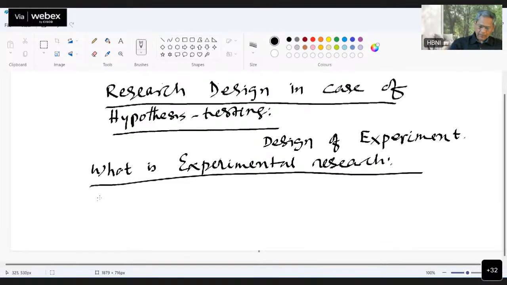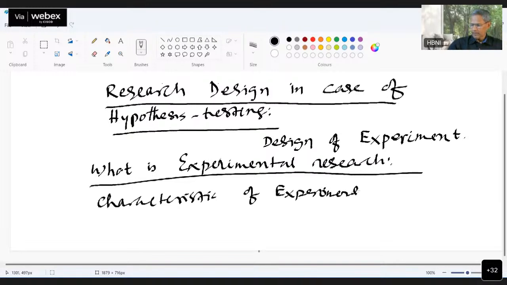The characteristic of an experiment: the objective is to test a hypothesis or explain some phenomena.